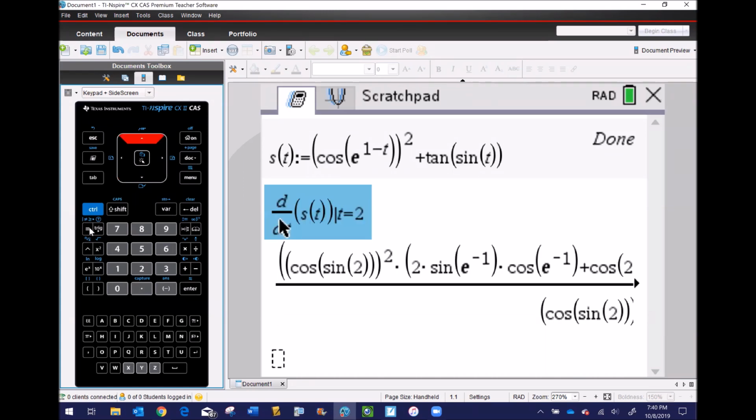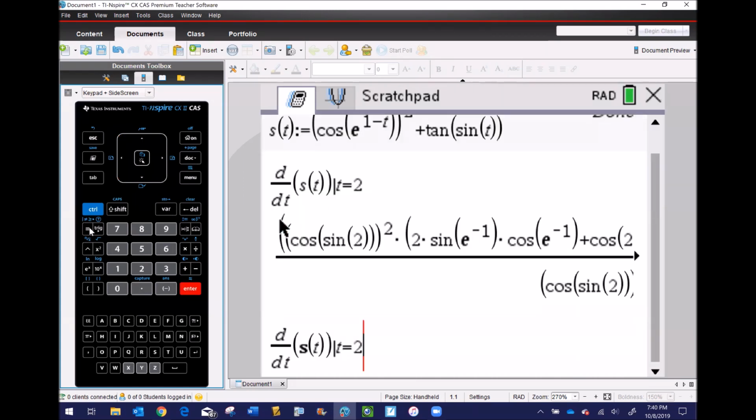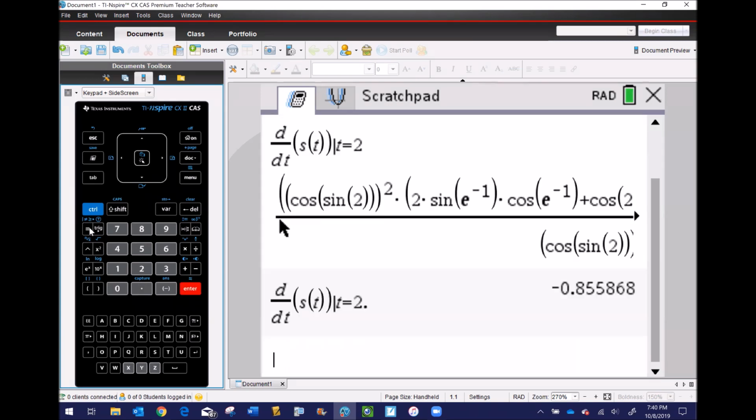So what I would suggest that you do is after you put that t equal 2, any time that you're using a calculator to evaluate a derivative at a point, put a decimal after that entry, and that will ensure that your final output is a decimal and you don't have to deal with that mess, okay?